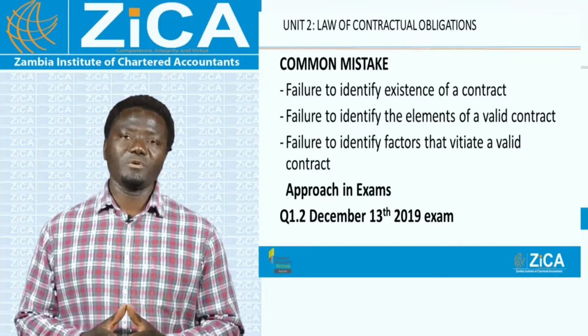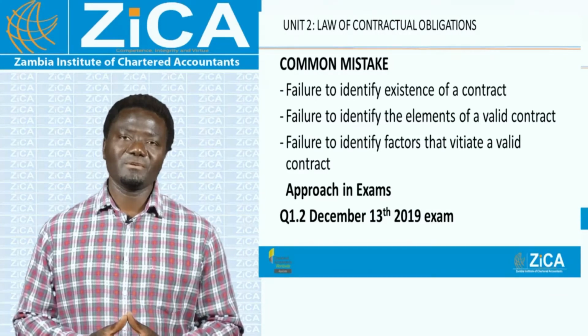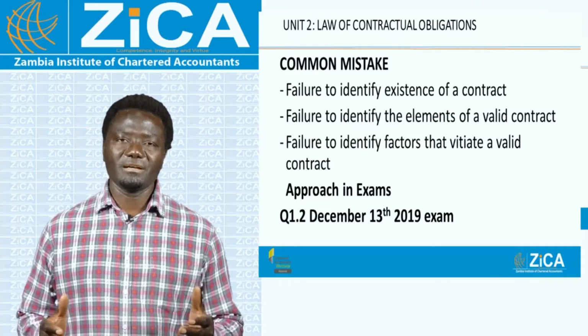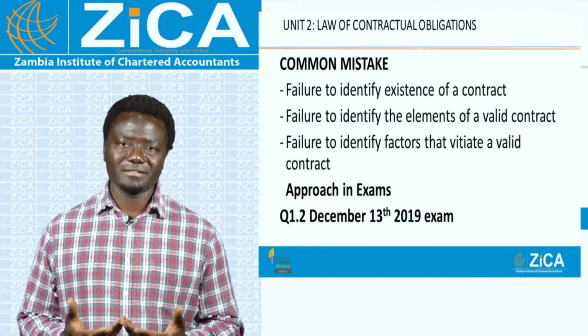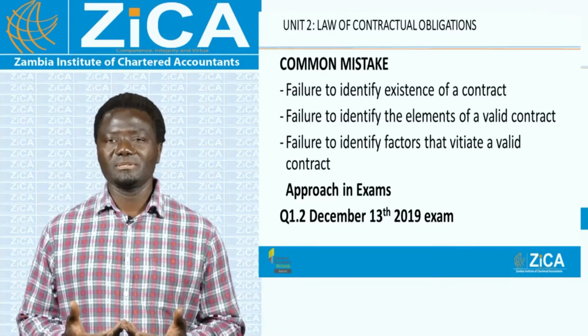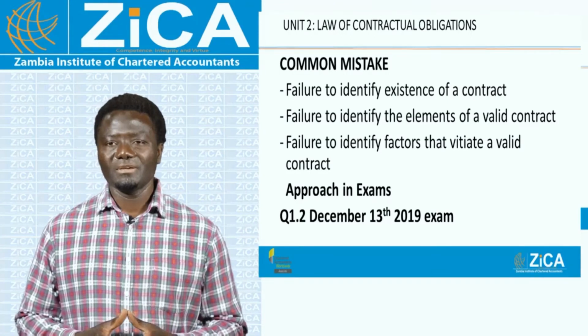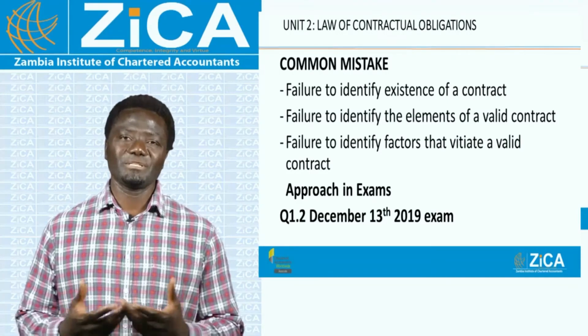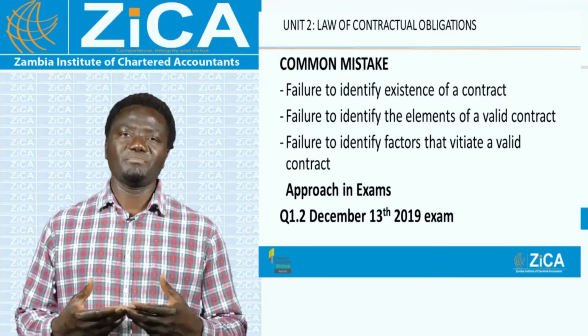So from the options that we have, when there is a bid during an auction sale, you're not being invited at all, as the case happens where you go into a shop to buy something. Neither are you accepting an offer, because you have not yet been given the offer.